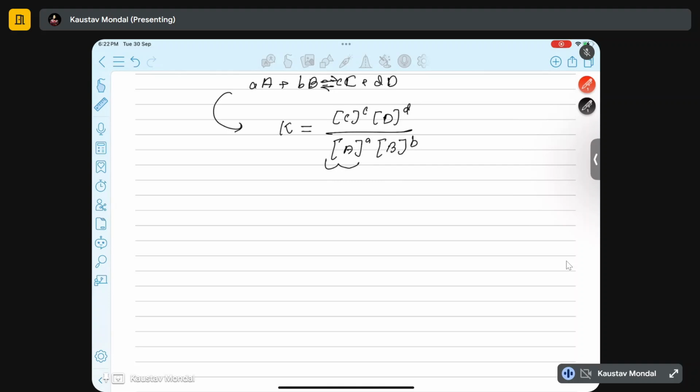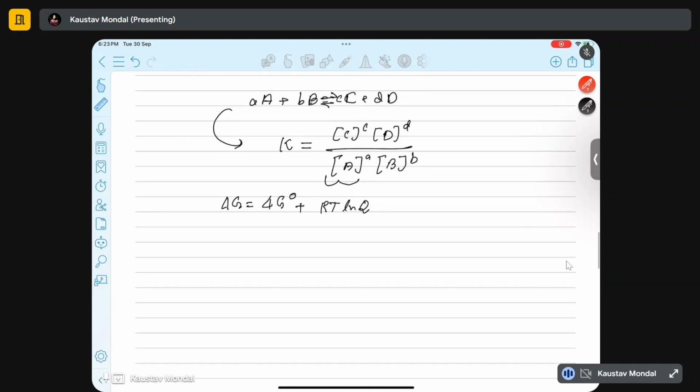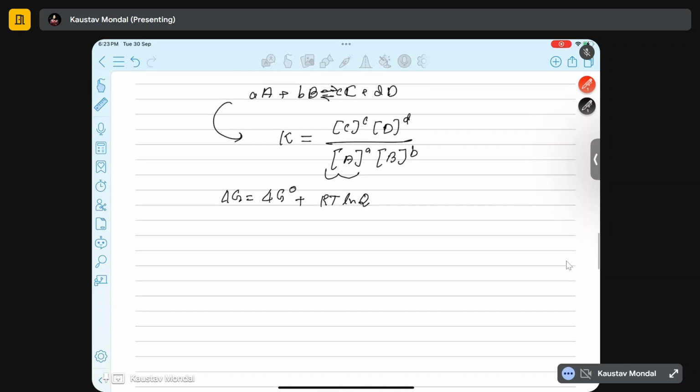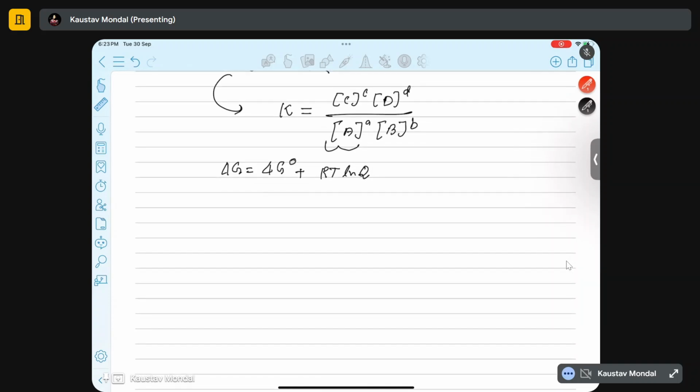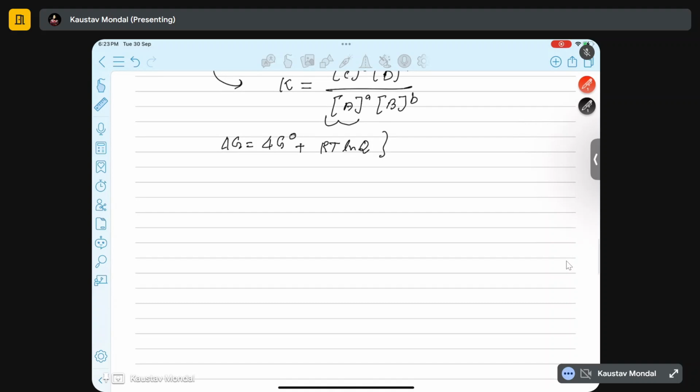So the change in the Gibbs free energy, delta G, is written like this: delta G is equal to delta G0, the change in Gibbs free energy under standard conditions, plus RT ln Q, where Q is the total partition function. This result is already established from classical thermodynamics, right?